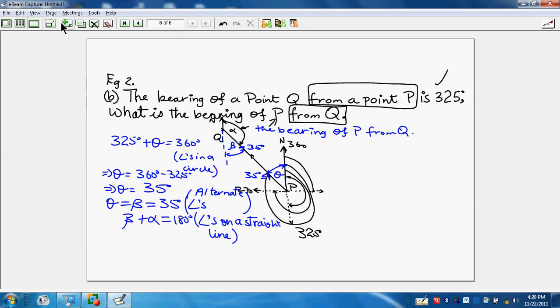So if we know beta is 35 degrees, we could write 35 degrees therefore plus alpha is 180. And therefore, alpha is equal to 180 degrees minus 35 degrees. And 180 degrees minus 35 degrees is 145 degrees. And that is our required bearing of P from Q. So this would be our answer right here.